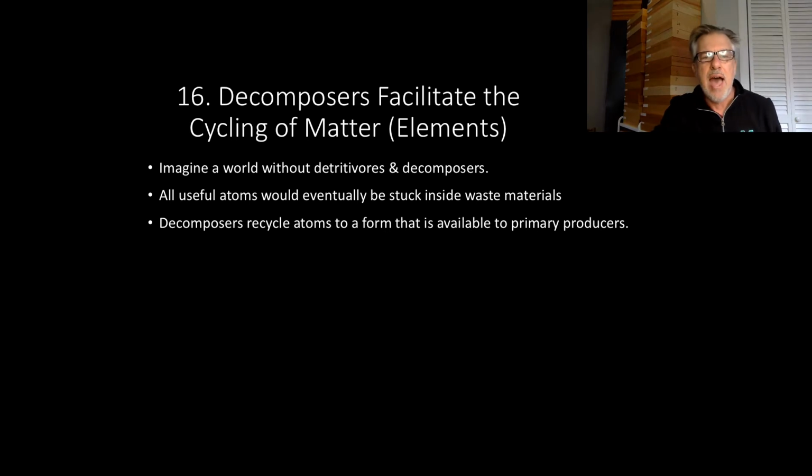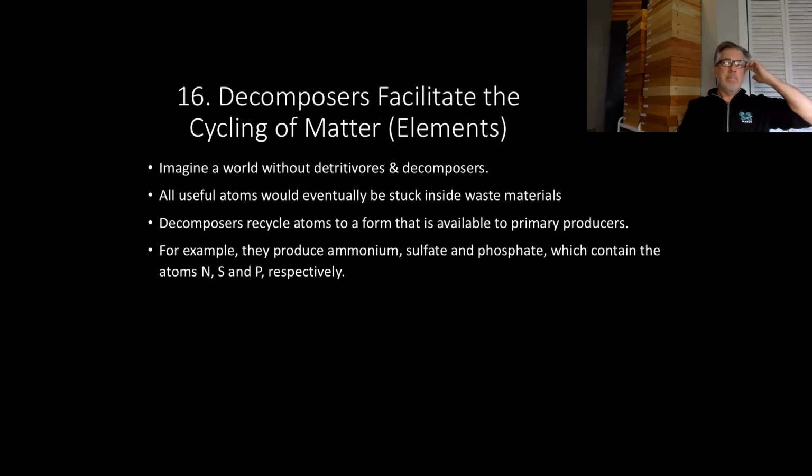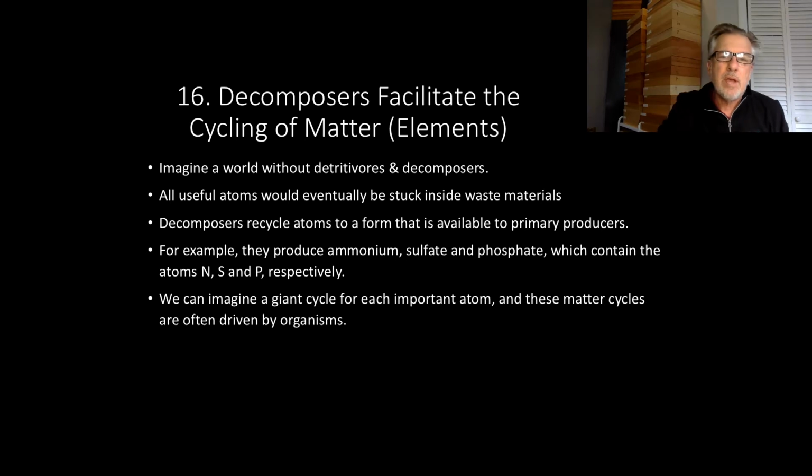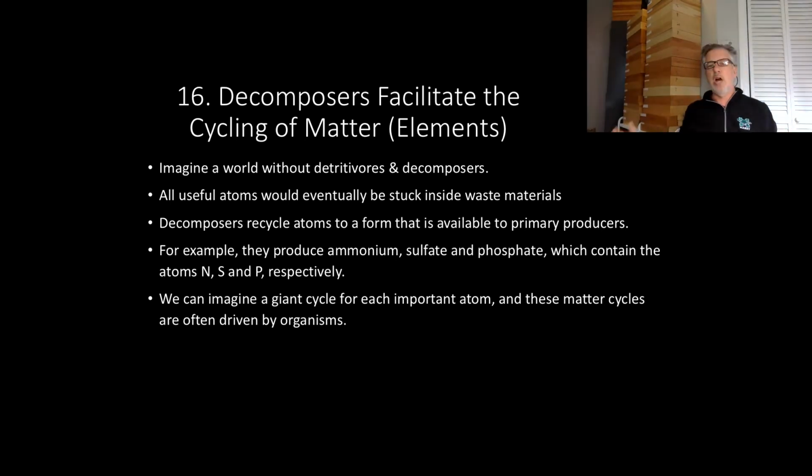And we saw that when we looked at the food chains and food pyramids. So the decomposers produce ammonium, they produce sulfate, they produce phosphate. And ammonium contains nitrogen, sulfate contains sulfur, and phosphate contains phosphorus. And so we can imagine a giant cycle for each of these three atoms, nitrogen, sulfur, and phosphorus.